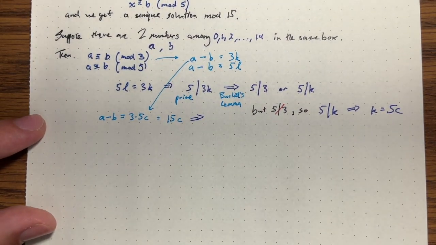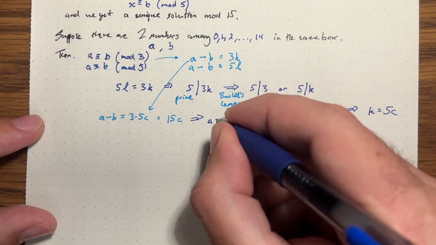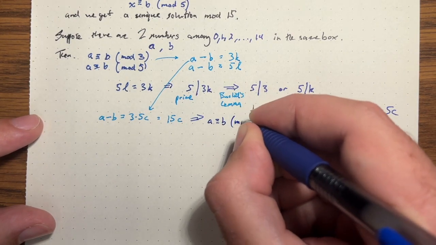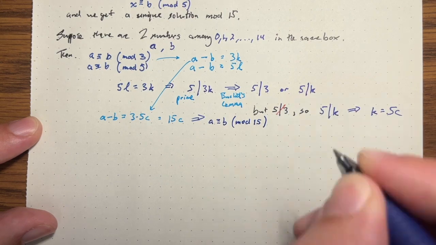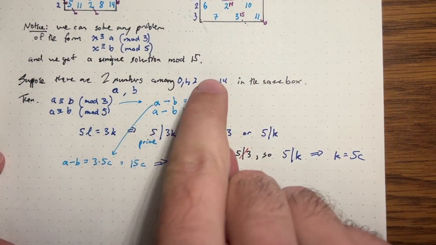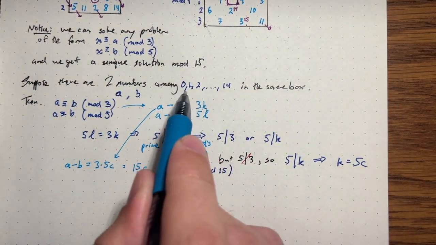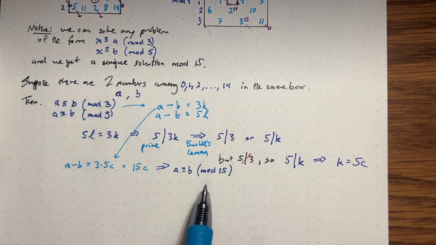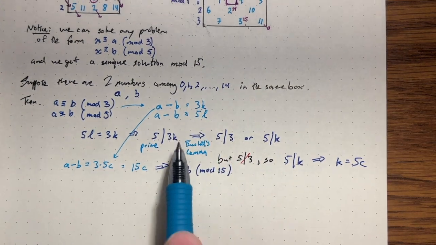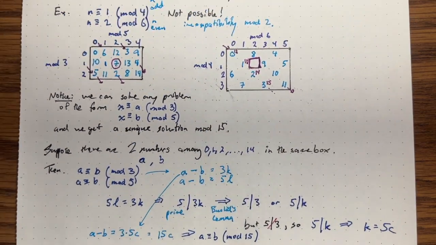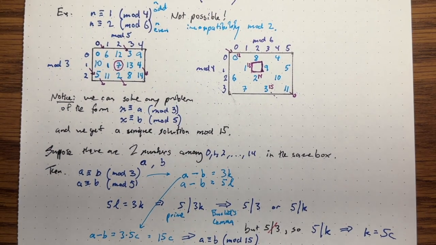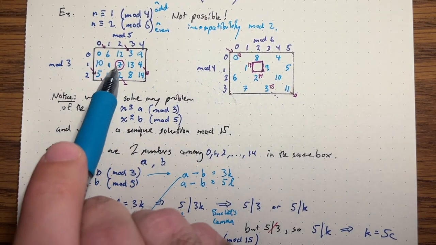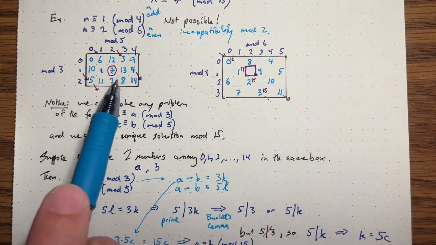It means A and B are congruent mod 15. So A is congruent to B mod 15. Okay? So among these 15 numbers here, these represent all the congruence classes mod 15. So A and B actually just have to be the same number here. So we essentially proved there cannot be two different numbers among these in the same box.